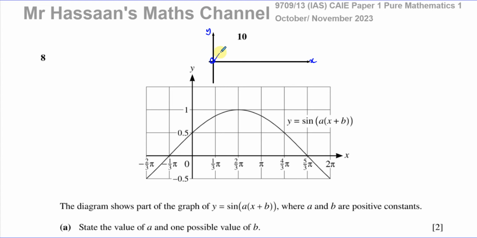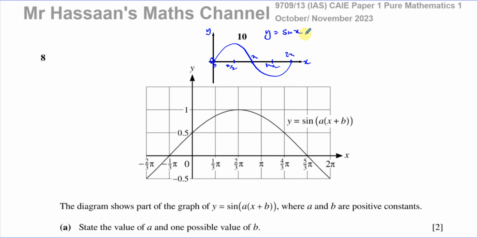It reaches a maximum of 1 at 90 degrees, goes back down to 0 at 180 degrees, then down to minus 1 at 270, and then at 360 goes back to 0 again. So it looks something like that. In terms of pi, that's pi over 2, that's pi, that's 3 pi over 2, and that's 2 pi. So that's how the sine curve looks without any type of transformation at all. That's y equals sine of x.